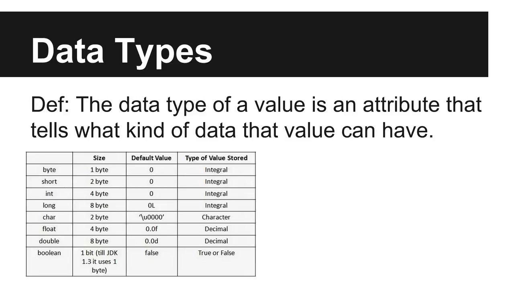If it's smaller, it can store fewer values. So the difference basically between a short, an int, or a long is the range of values they can store. In most cases, you will take int. Int is like the default integer variable data type.